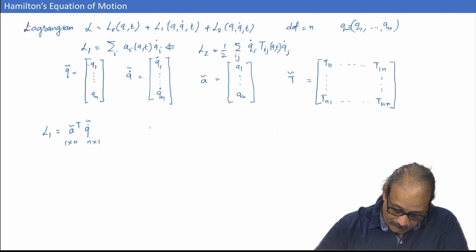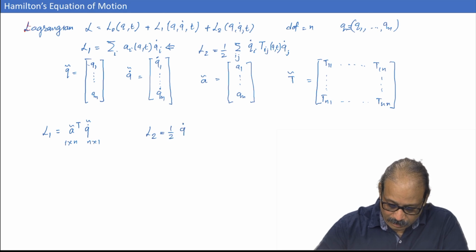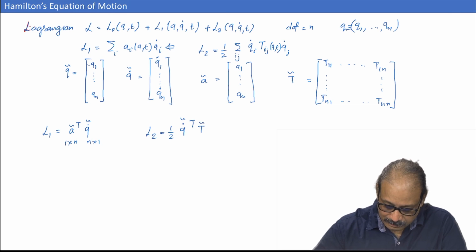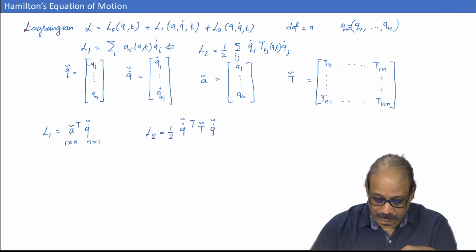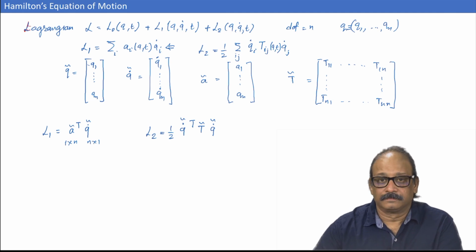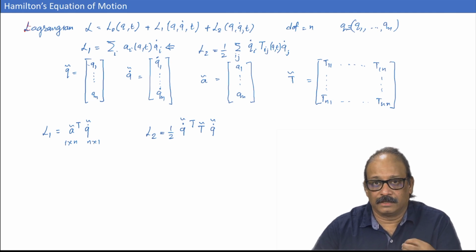Now, how would the L2 look like? So, L2 would look like half Q dot tilde transposed, T matrix and Q dot. Okay. One quick look at this structure of L2, you see the pairs like Q1, Q2 will appear twice, also it will appear as Q2, Q1.